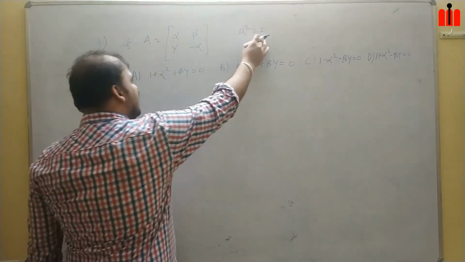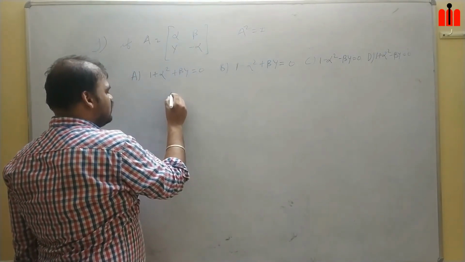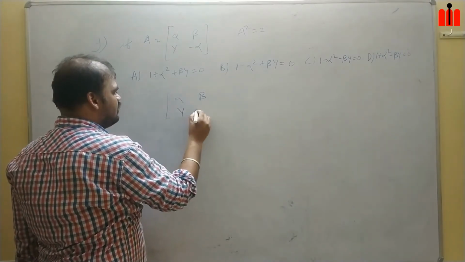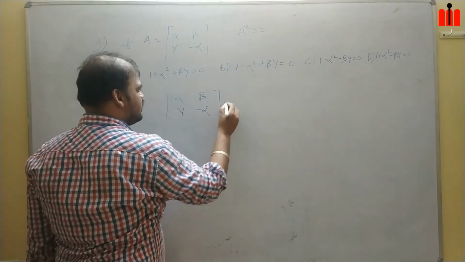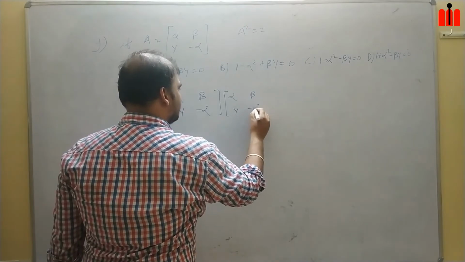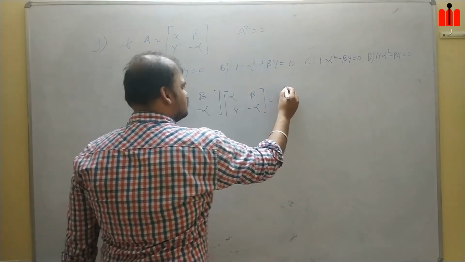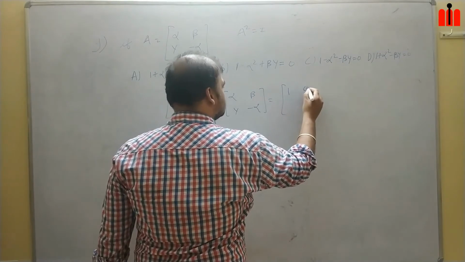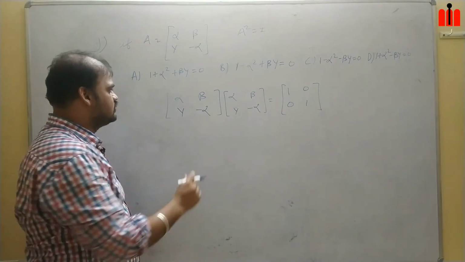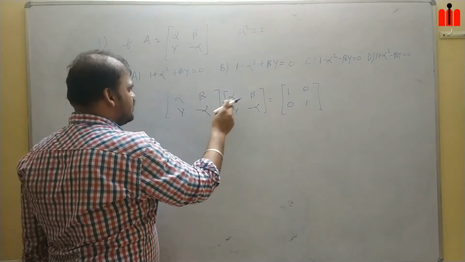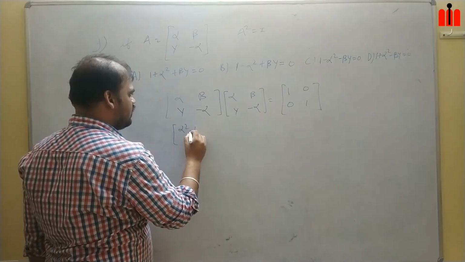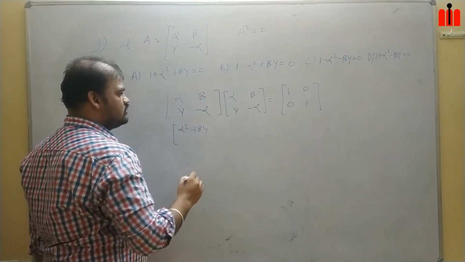So A square equal to I is provided. So let's do that. What is our A square? A square will be alpha, beta, gamma, minus alpha, multiplied by another alpha, beta, gamma, minus alpha. This is equal to 1, 0, 0, 1. Now alpha square plus beta gamma.